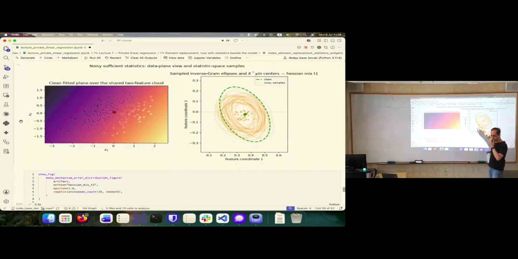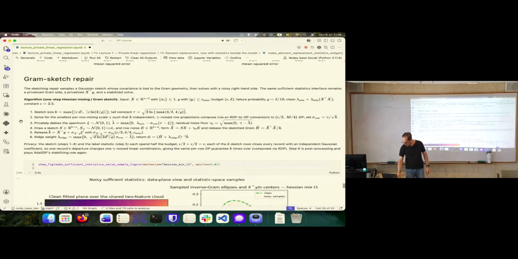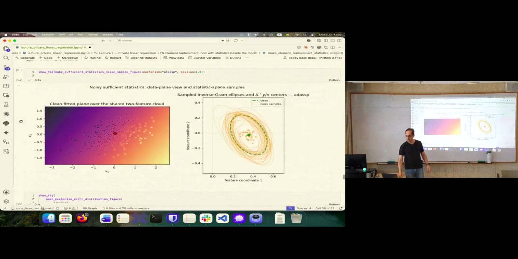And what I want to point out here is not what's better or worse in this method, it's that this one has the effect that it's a bit closer to a circle, right? Because in analyze Gauss, we sample from the original covariance.